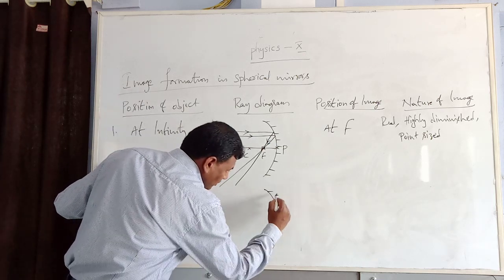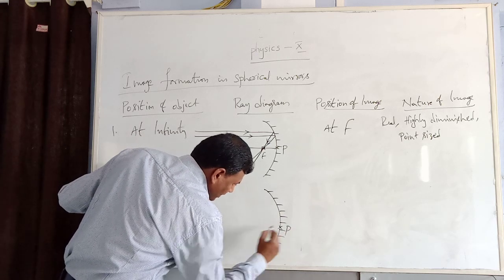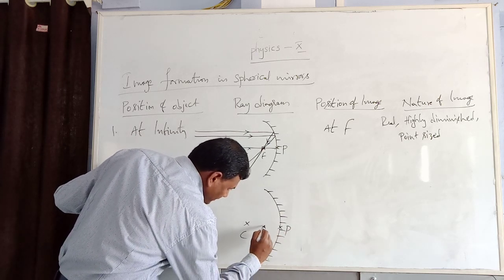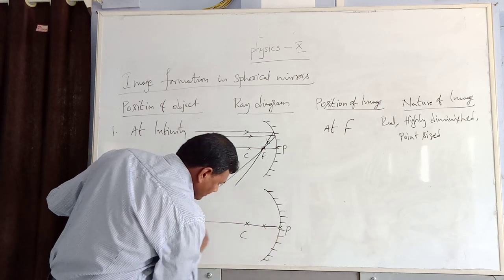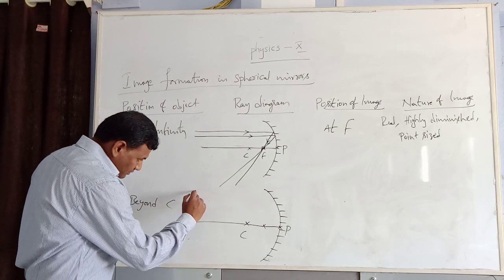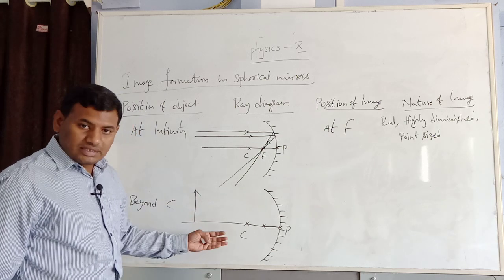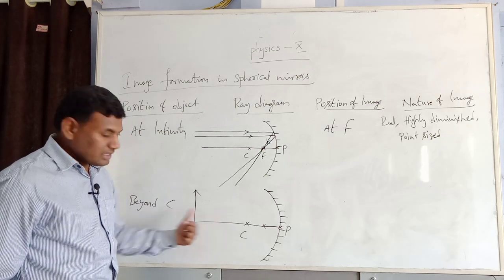So this is the concave mirror, pole, center of curvature, principal focus. Now we are considering an object of certain size which is between infinite distance and the center of curvature.